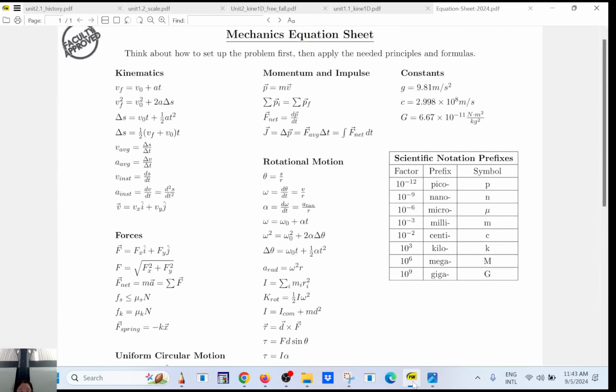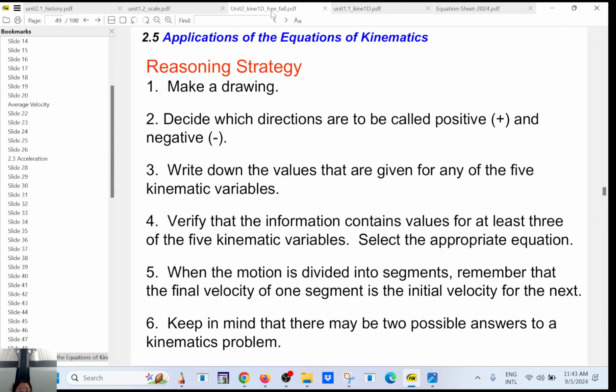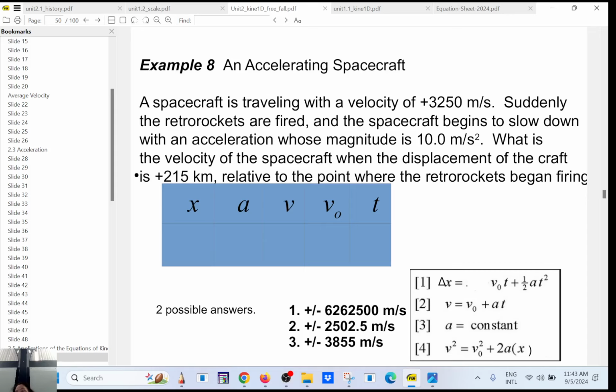Okay, so now you want to help each other to do the next one, which is this one. So this one is also for the other class, except a little bit tricky here and there. Interesting. So first you want to make a drawing, and they try to trick you because you see kilometers, and it's not consistent here. So first you need to convert, and then they say slow down, and they give you the magnitude of the acceleration. It's the magnitude, but the acceleration needs a direction, right?